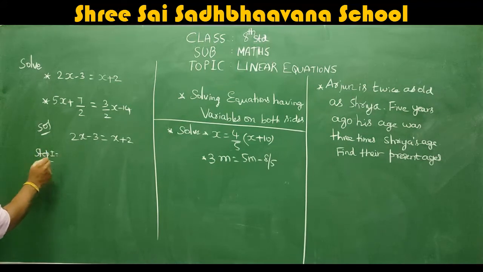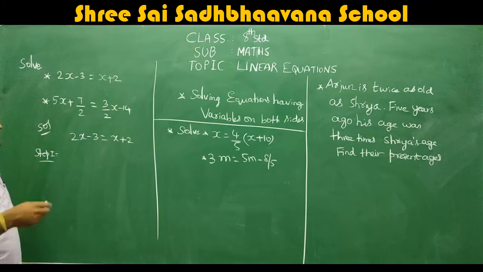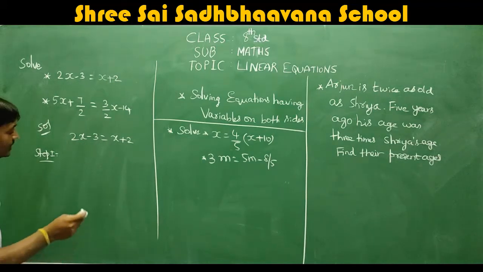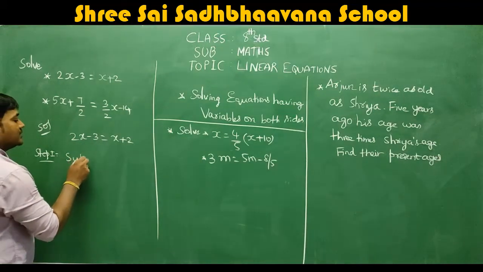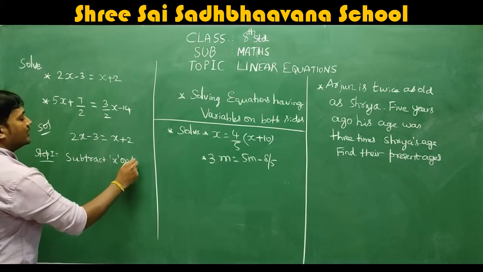Step one is, as I told you in the last explanation for this kind of sum, we should have the x coefficient as 1. Here we have 2x, there we have x. So I need to get 1x. For that, I just subtract x on both sides.